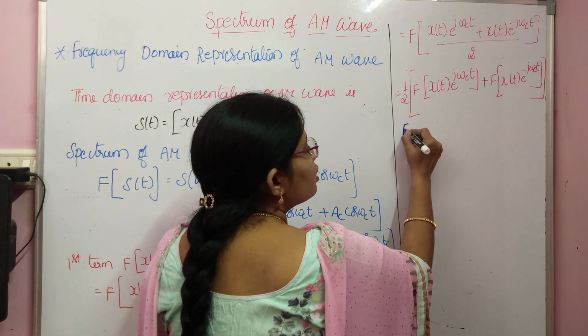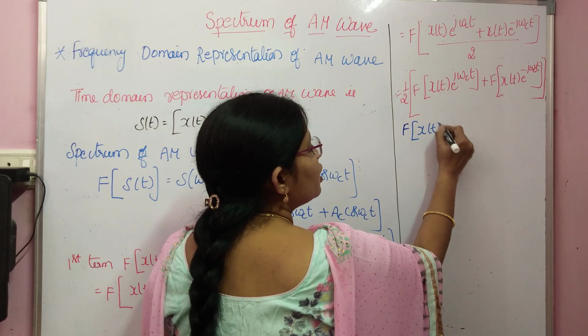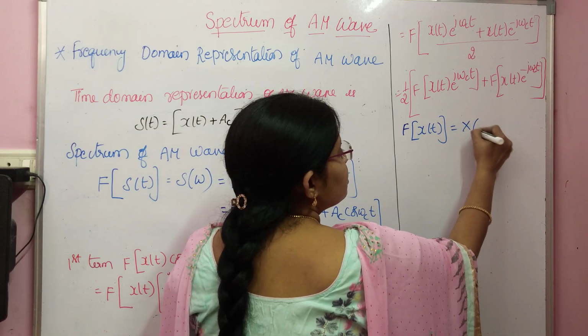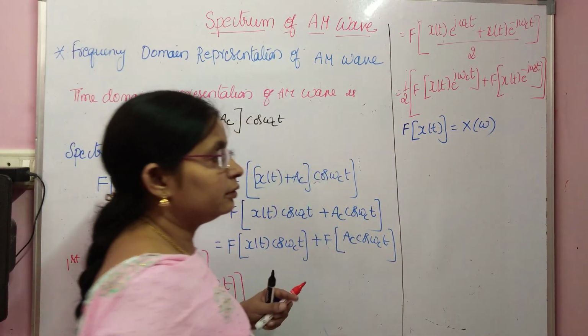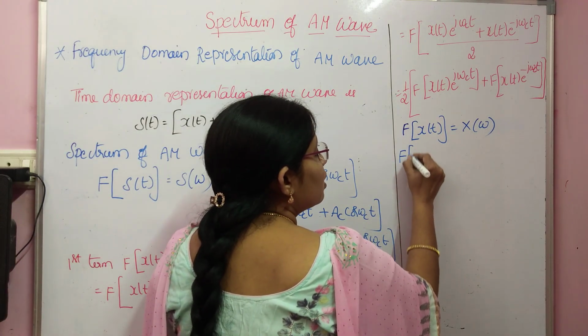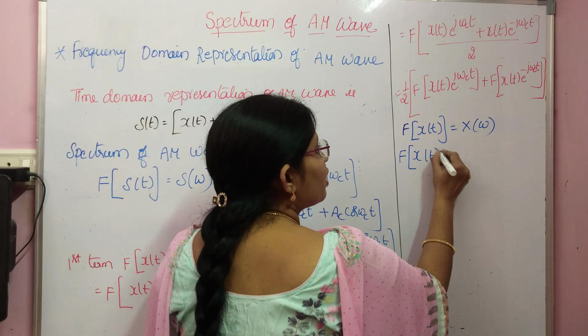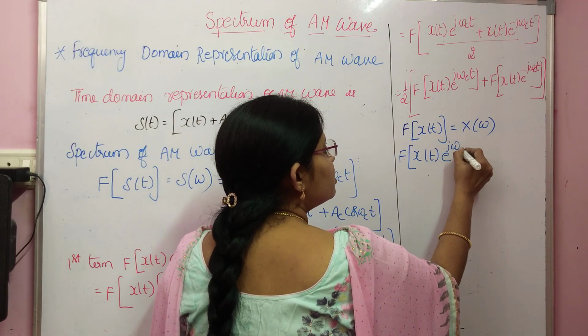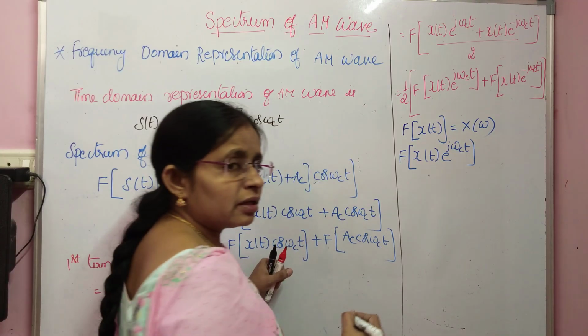What is the Fourier transform of x(t)? That is X(ω). Then, what is the Fourier transform of x(t) e^(jωc t)?